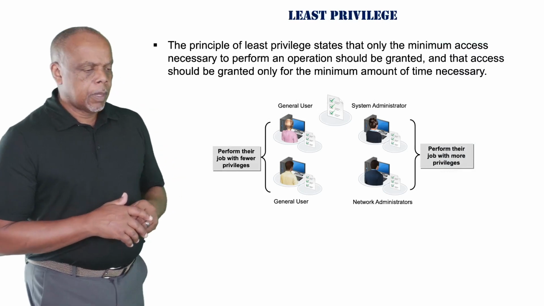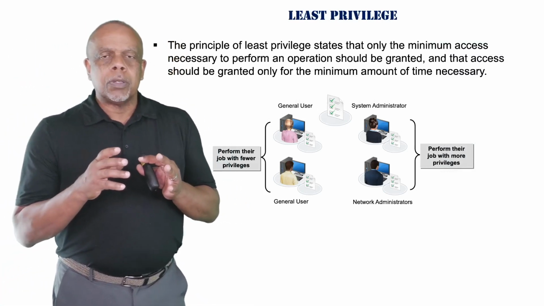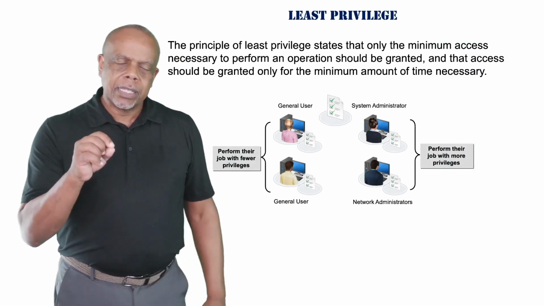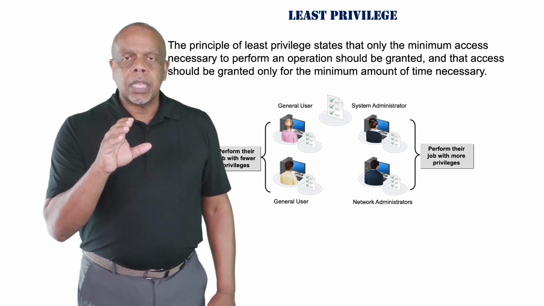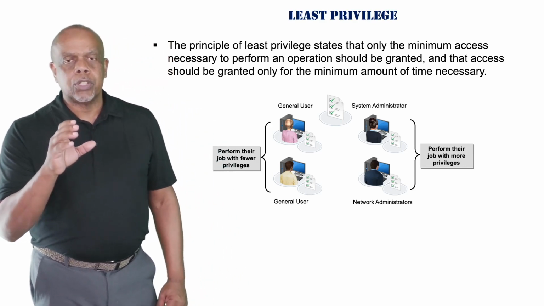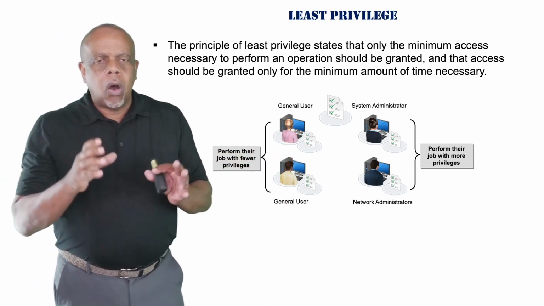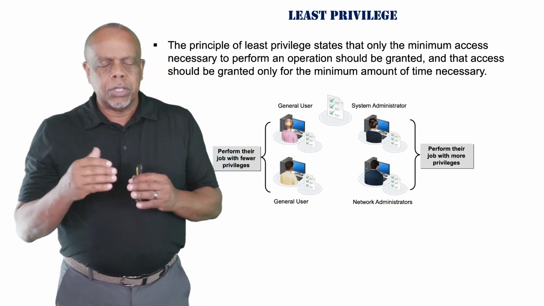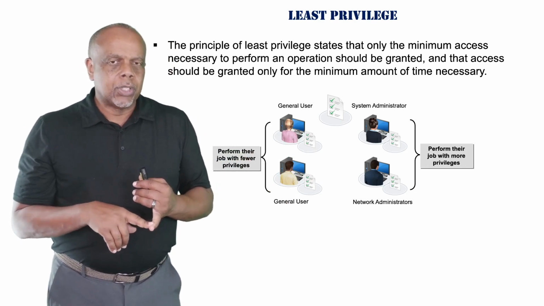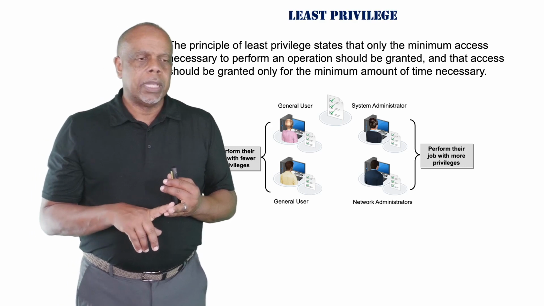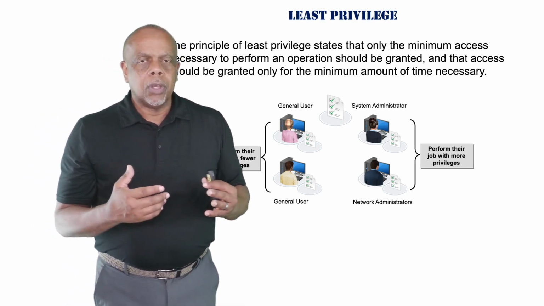Least privilege. This is the principle that we only want to provide the minimum access necessary. We want to give people just enough access and privileges for them to do their jobs. If you are a general user on a network, then all you need to do is to be able to go in and do your job. You're probably not going to have the ability to install applications, or to look at GPO settings on the operating system, those types of things.